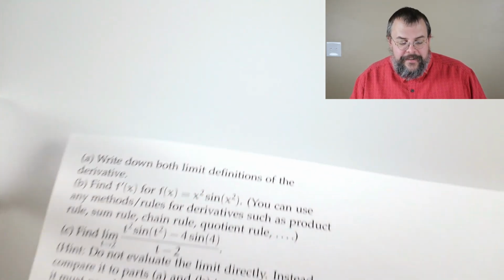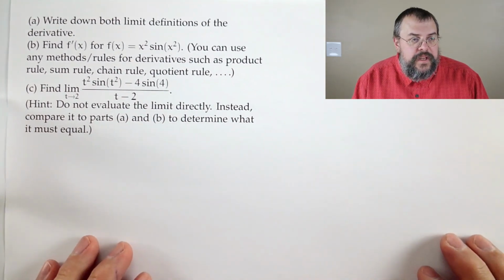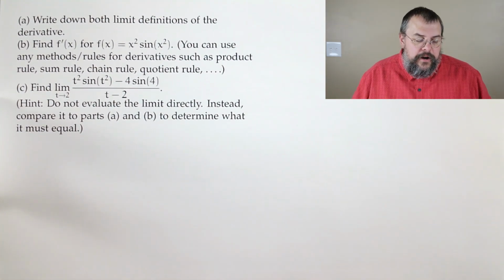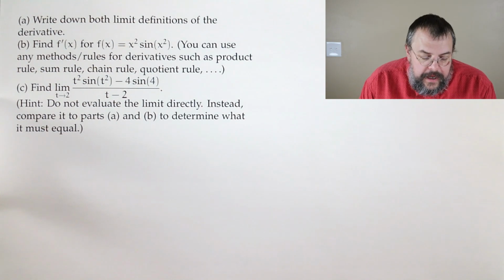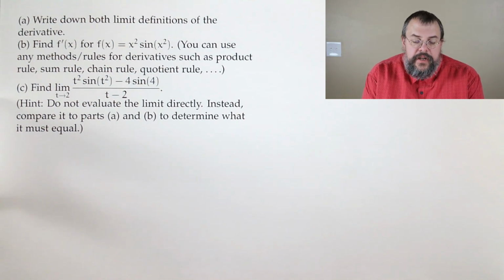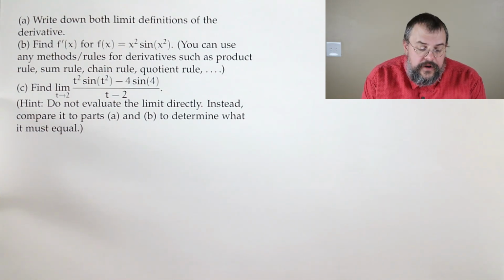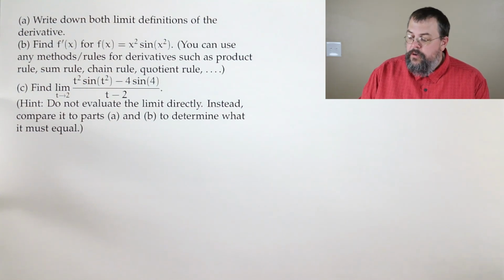Okay, this one's a multi-part problem. And, all right, well, part A, write down both limit definitions of the derivative. Okay, all right, we can do that. So, what do we have?